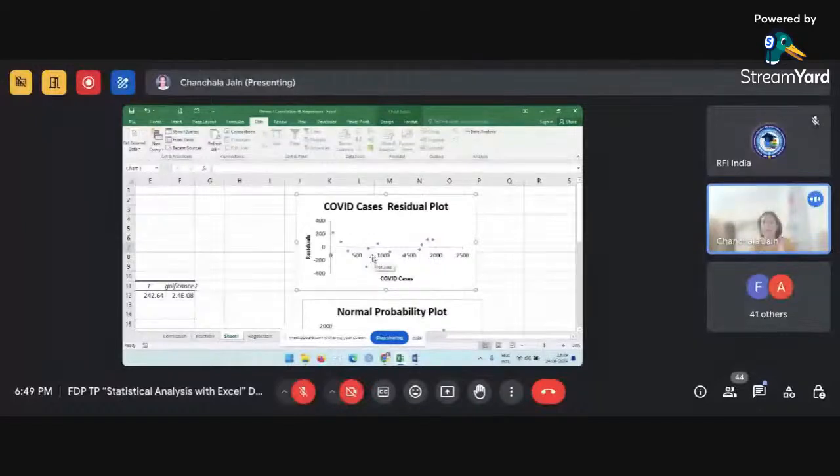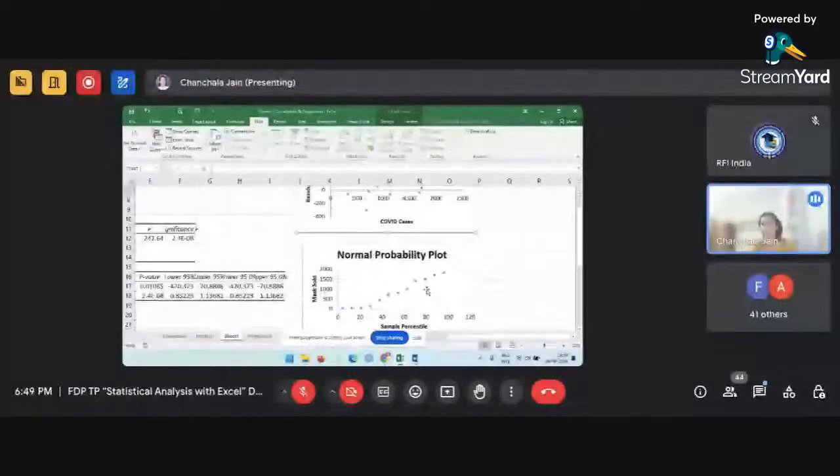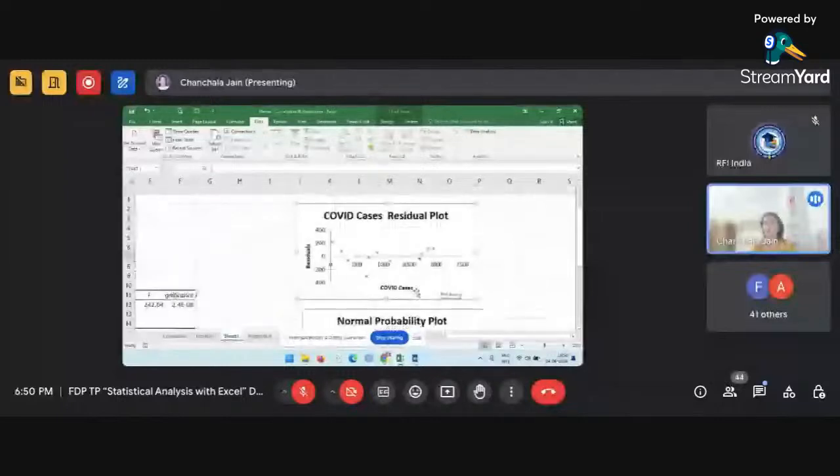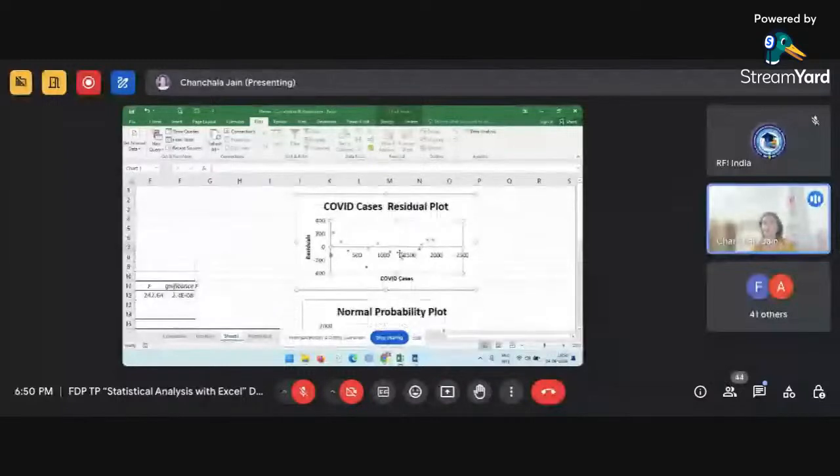Talking about the second graph, this graph is the residual plot. This residual plot is very important to understand. Here it is indicating the variance in the residuals, right? So whether this variance is constant or not, you can understand using this particular graph. Here you can see if your residuals are forming any particular shape.